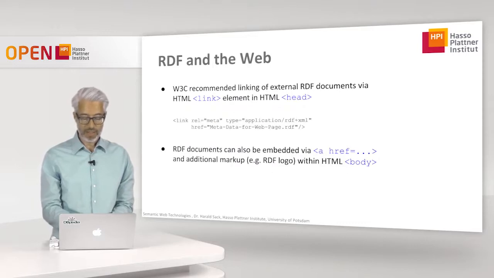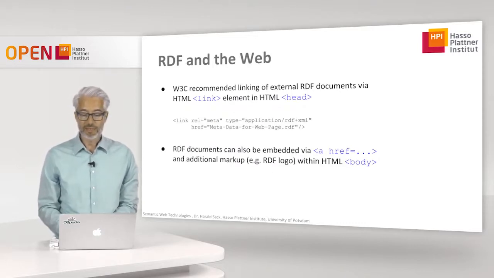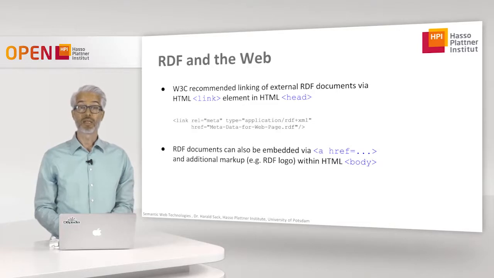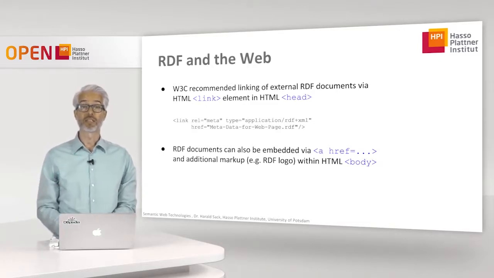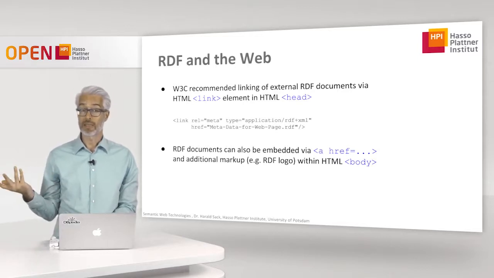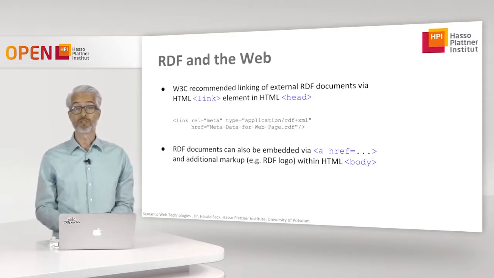So what other possibilities do you have? The W3C explicitly recommends linking external RDF documents via the HTML link element within the header of an HTML document. But you can also refer to a linked RDF dataset within the body of an HTML document simply via the href attribute of an anchor.